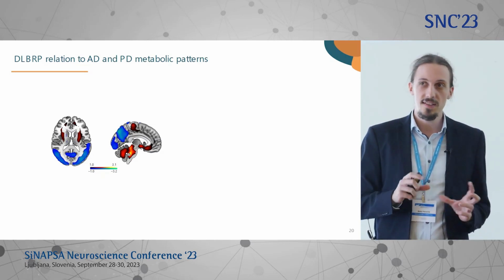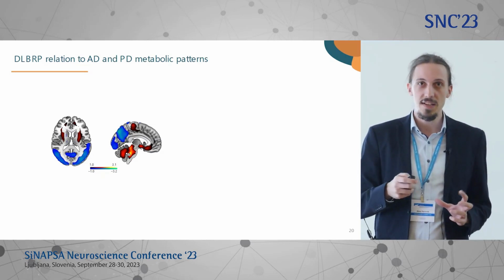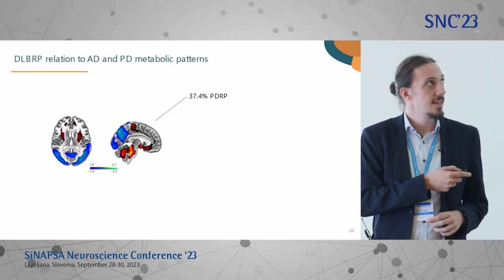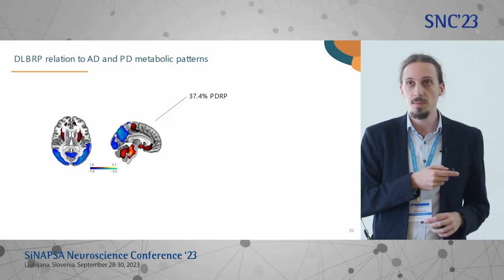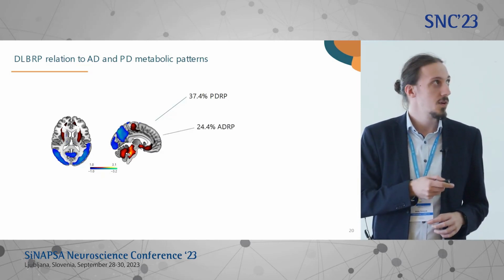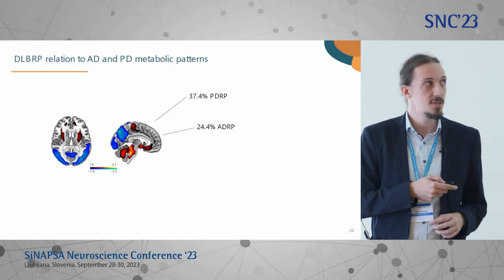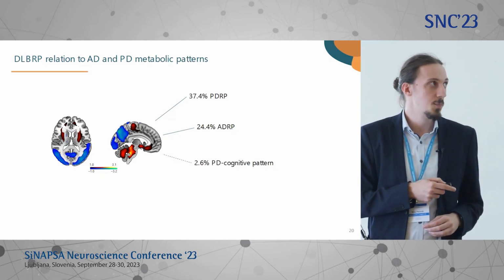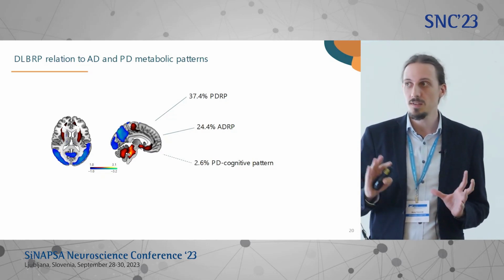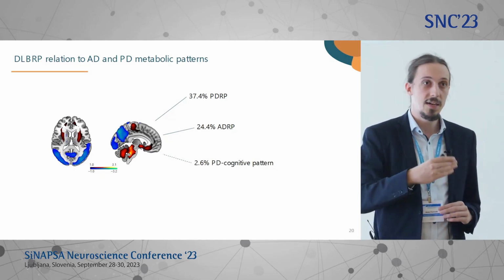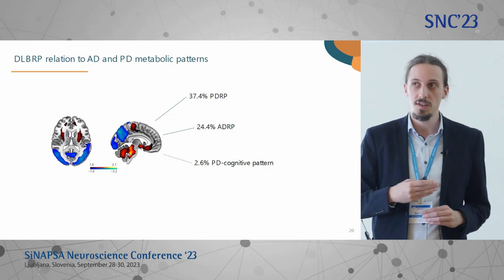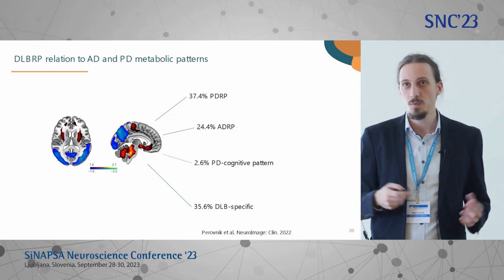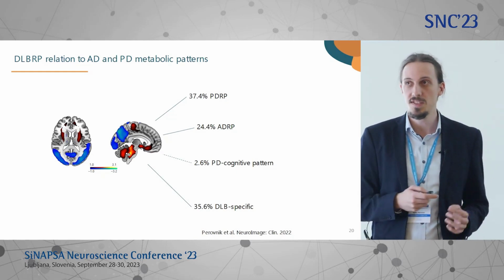By trying to explain the voxel variance of the patterns, we show that DLB-RP can be a third explained by PDRP, a quarter by ADRP, so the Alzheimer's pattern, and a non-significant percentage by the PD cognitive pattern, showing that the mechanism of cognitive impairment might be different in dementia with Lewy bodies as compared to Parkinson's disease, leaving a third of the variance unexplained, which can be thought of as DLB-specific changes.